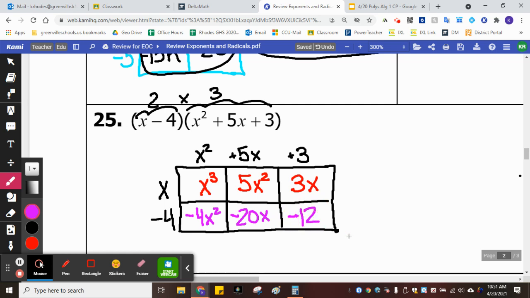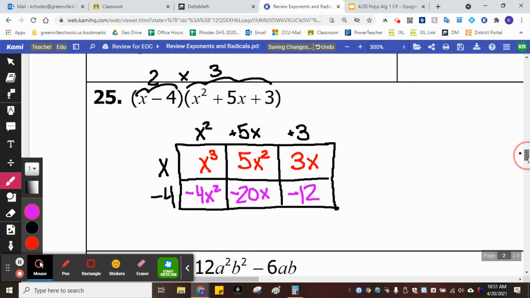Negative 12. Perfect. I know I keep saying it, but when you multiply, the inside's your answer. You always want to write highest exponent to lowest exponent. So here's our answer.